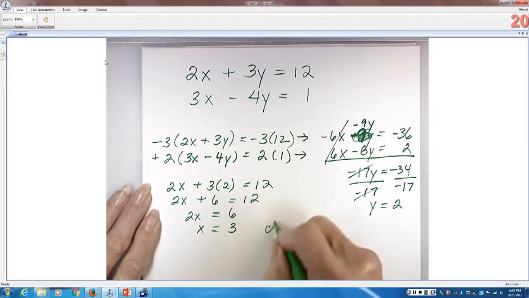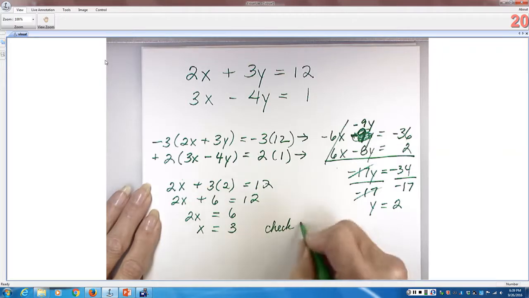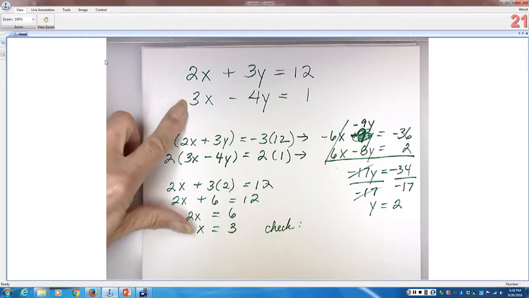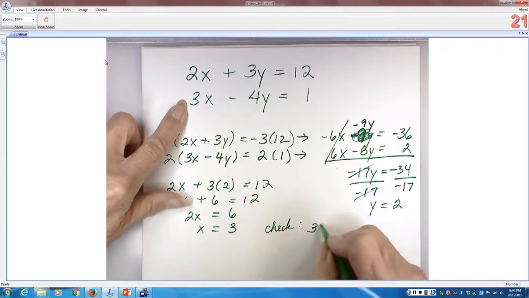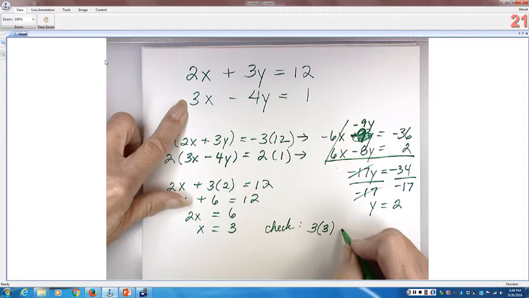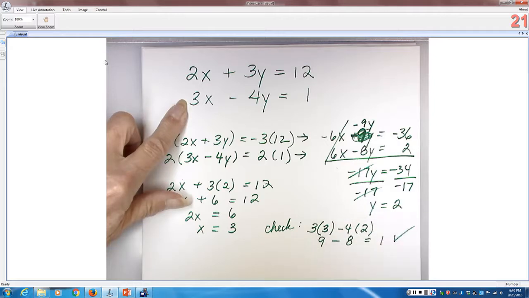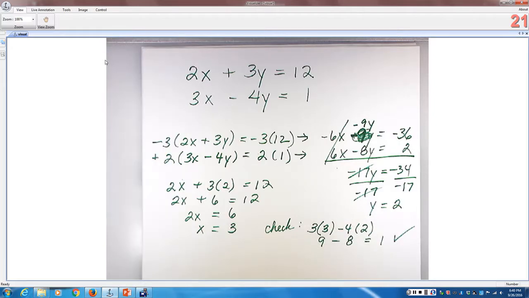And then I'll check by going to 3x minus 4y equals 1. And I can actually check both of them at this point. So it does work. The solution is for both of them.